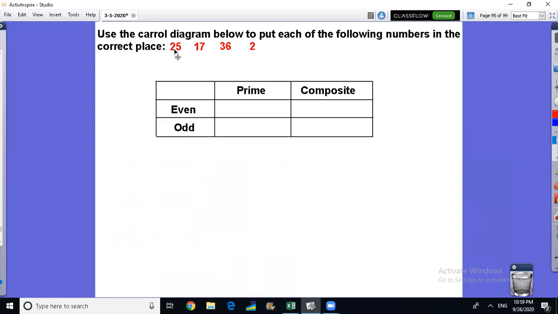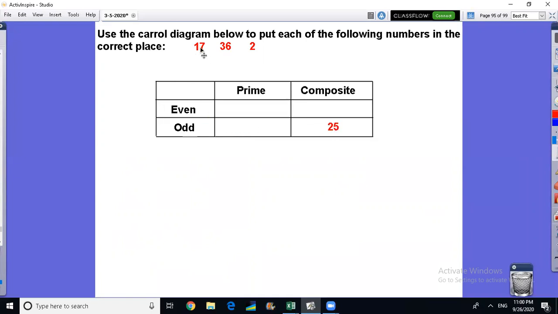So here, is 25 odd or even? Well, 25, of course, is odd. Is 25 prime or composite? Is it only 1 times 25 that gives you 25, or are there other things? There's 5 times 5. It's not prime at all. If I put it here, it's going to be wrong. 25 is odd and composite.